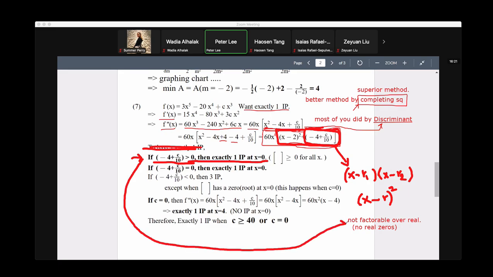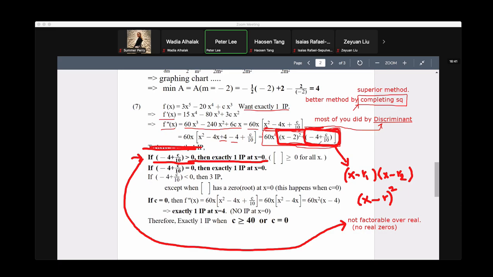This way, not factorable over the reals. That will refer to that case. And in that case, we cannot factor into two linear factors like this. We allow only real numbers. And therefore, if that is positive, then this is not factorable. And then that means we have a square here, plus something positive.